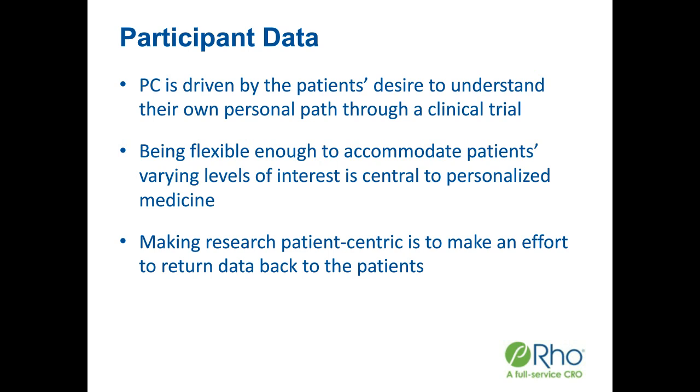We can't basically tell the patient at the outset what we think is important to the trial and expect everyone's desires to map around that. And making research patient-centric is to make an effort to return this data back to the patients. And in the immortal words of the OJs, you give the people what they want.